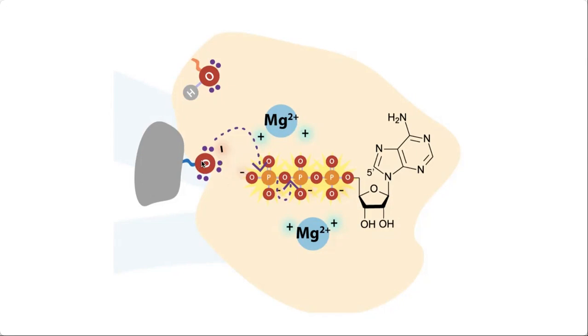So you could have, say, a serine in the protein, which is going to be deprotonated to give us the strong nucleophile that's going to then attack this phosphate group. It's going to attack the phosphorus, which is our electrophile because the oxygens are pulling away electron density.